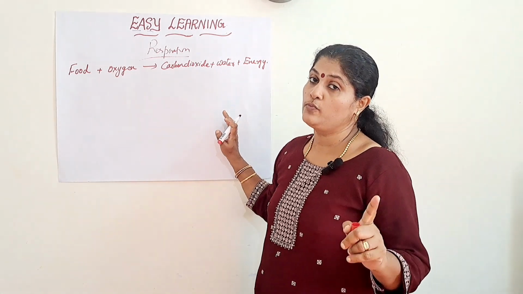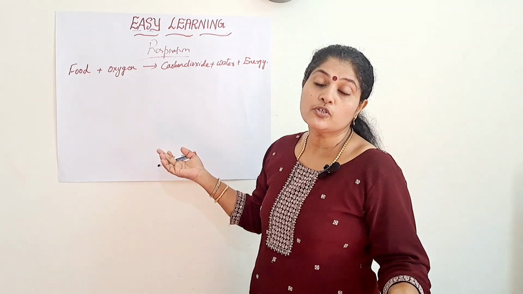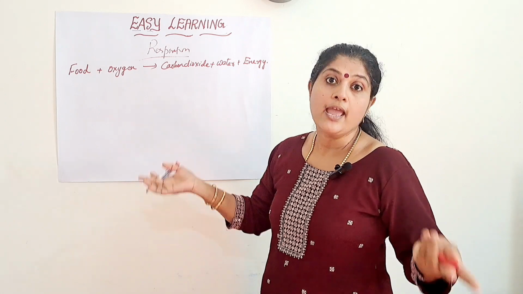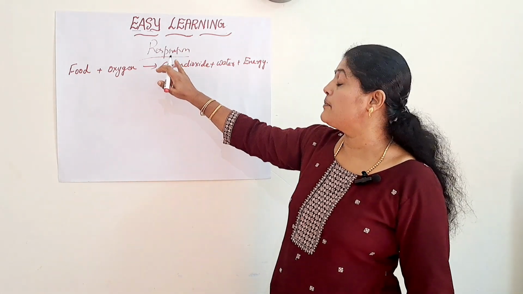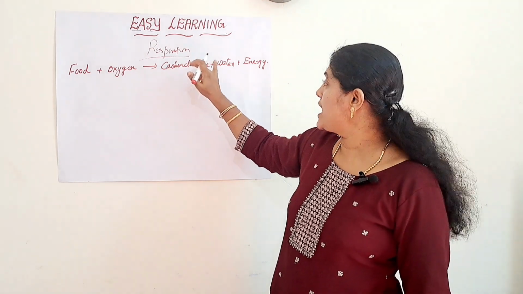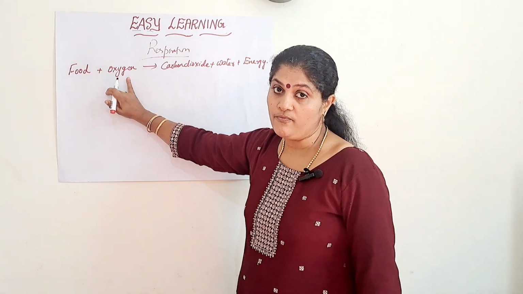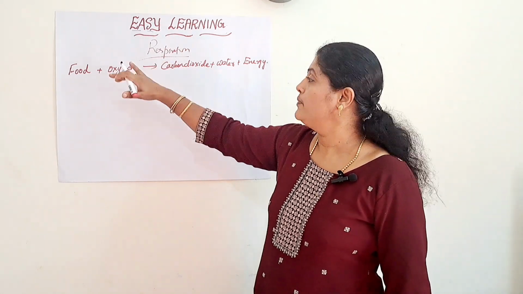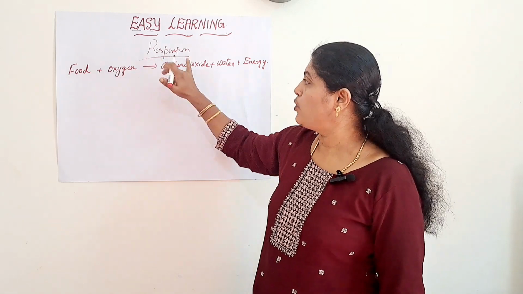Okay, so photosynthesis is the process of making the food, whereas respiration is the process of breaking the food. In the making of the food, the plants are utilizing carbon dioxide, water and energy, and they are releasing oxygen. Whereas in respiration, the breaking of the food is done with the help of oxygen, and what is released?